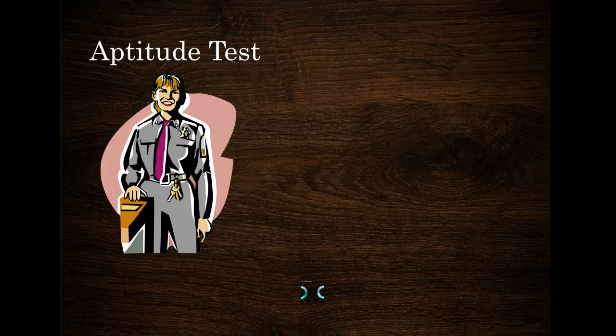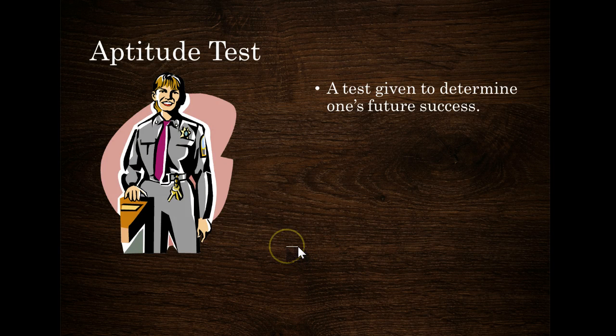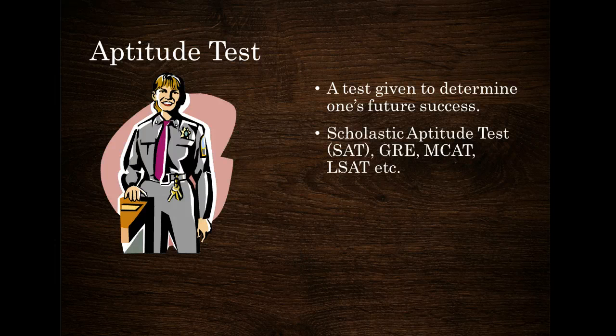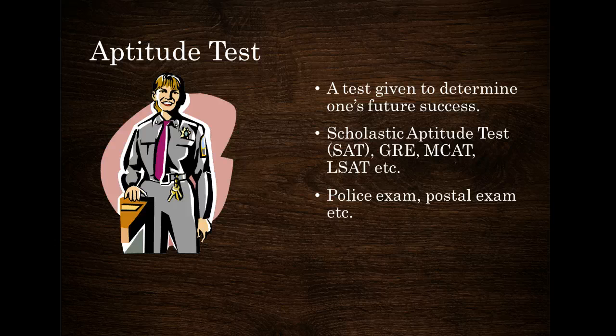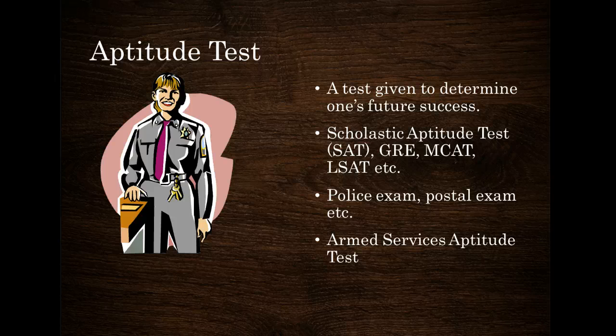Aptitude tests are tests that you take to help employers decide whether or not you'll be successful in a given career. So as you would guess, the tests like the postal exam, the armed services aptitude test, they're all aptitude tests. They're supposed to determine how successful you'll be in the future.